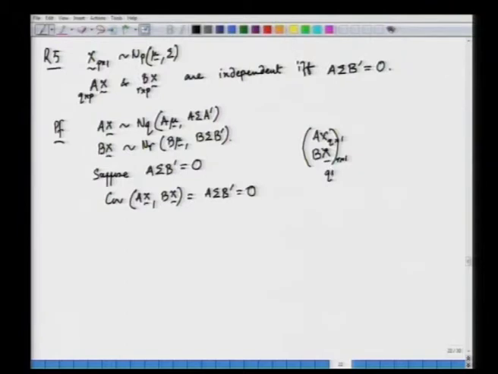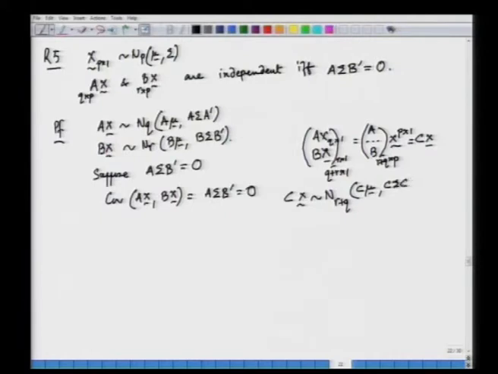So, the augmented one is q plus r dimensional, and this can actually be written in the form of A augmented with B, times x, where x is p dimensional. Let us call this Cx. So, this Cx is again going to follow a multivariate normal distribution of dimension q plus r, with mean C mu and covariance matrix C sigma C transpose.